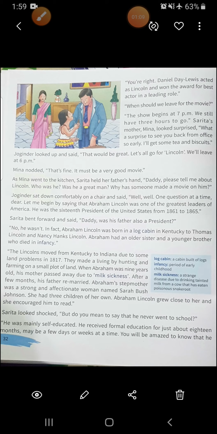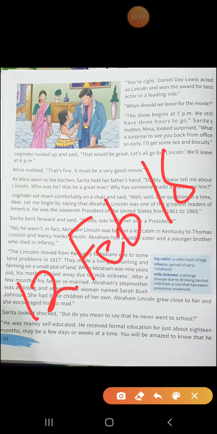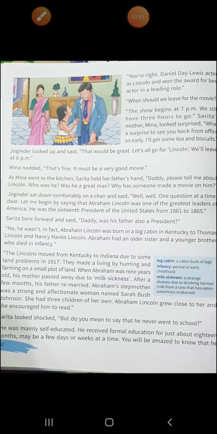One thing which I want you all to know is that he was born on 12th Feb 1809. Alright, so you can write this thing in your book, or even you can write it somewhere. Just remember this. So let's now begin this chapter.